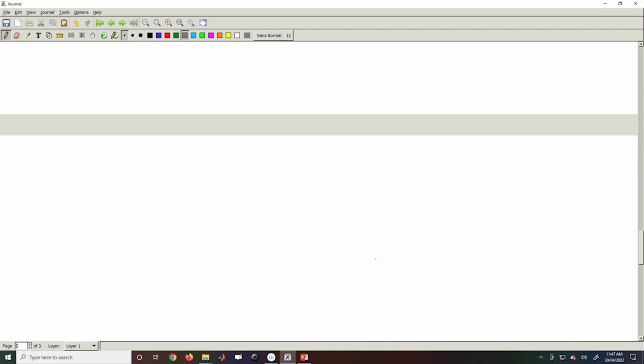Now the next thing is at r equal to a, what is the value?